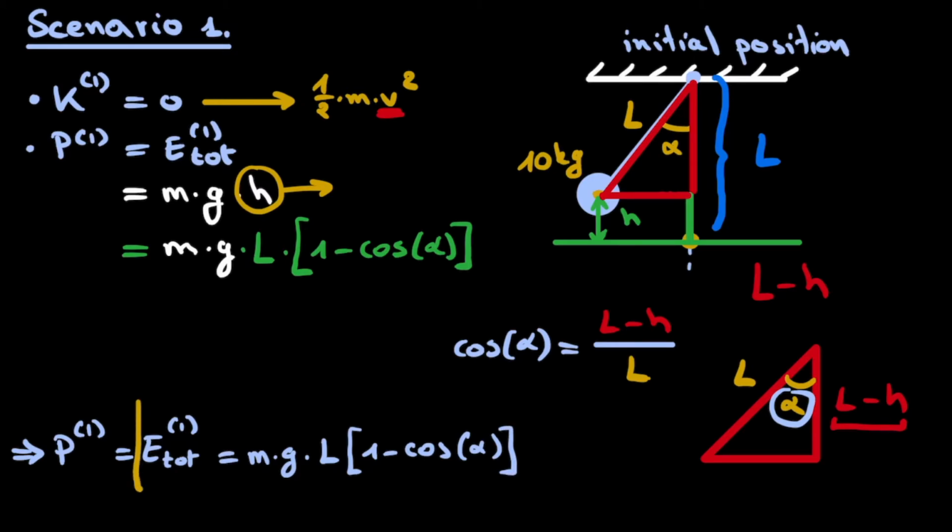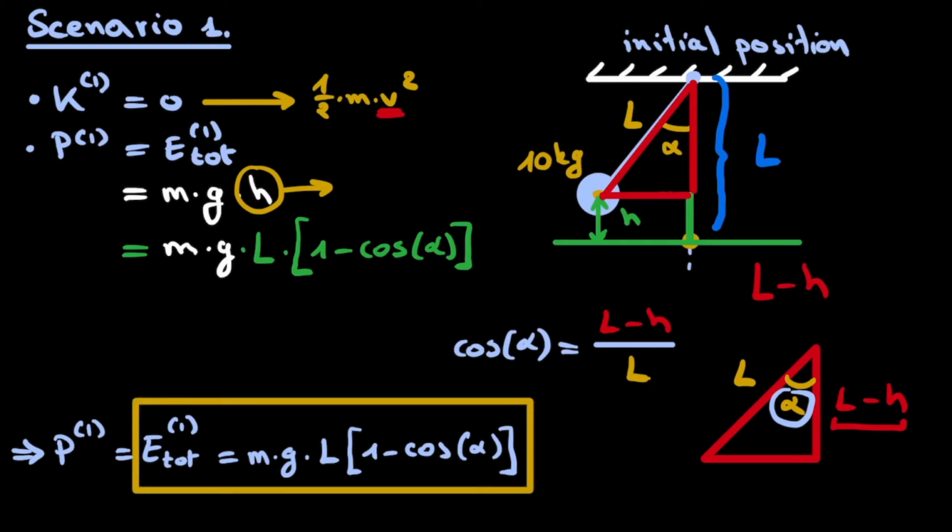And even though we know that alpha is equal to 45 degrees, which was stated in our problem, let me just leave this alpha as a general angle right here, which makes our result more general. And then later we can fill it in to see if our result actually makes sense.